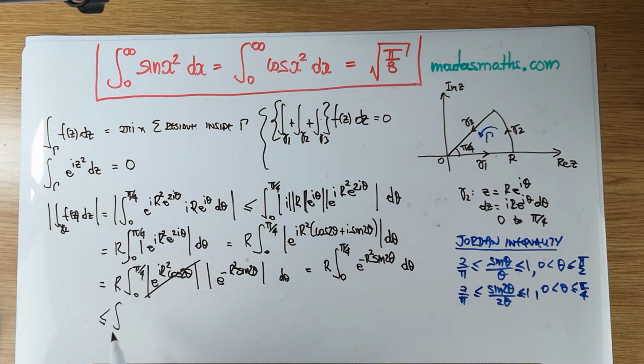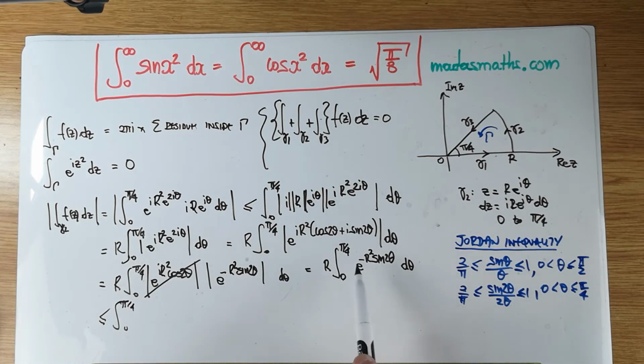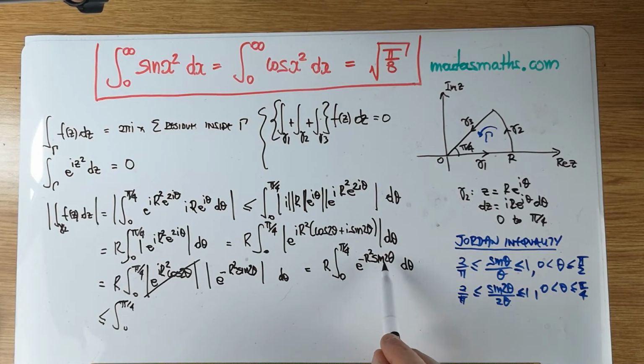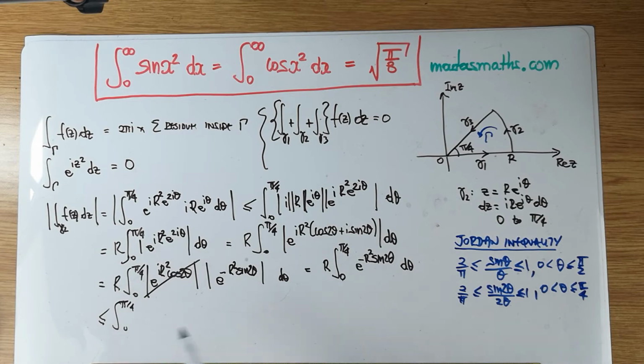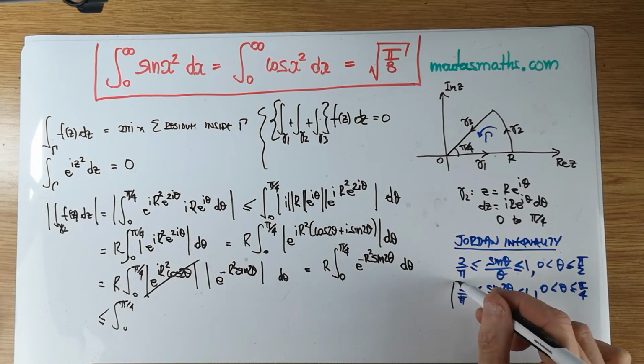So let me just write it first of all, and then I'll see which side of the inequality we're after, pi over 4. So we want to make sure that the integrand is actually larger. So in this particular case, this is less than that, so we need this side.